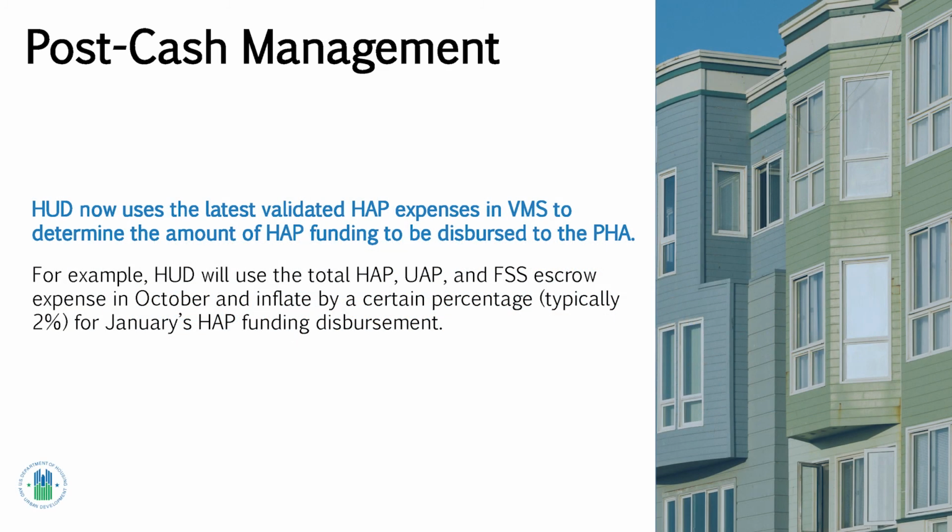HUD will now use the latest validated HAP expenses in VMS to determine the HAP funding to be dispersed to the PHA. For an example, HUD will use the total HAP, UAP, and FSS escrow expense in October and inflate by a percentage, typically about 2%, for January's HAP funding disbursement.